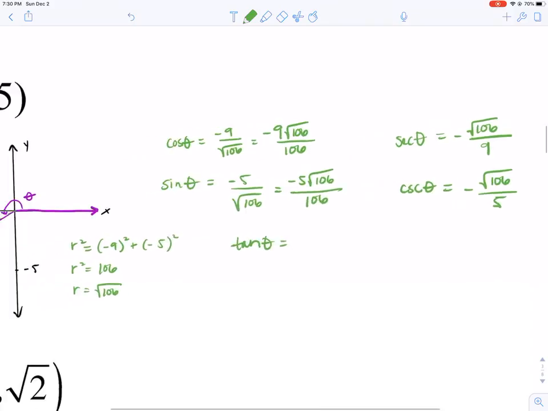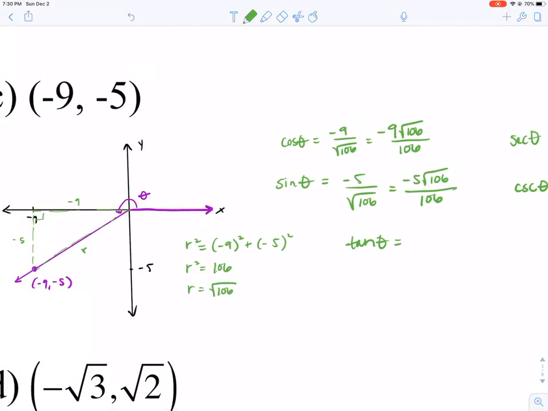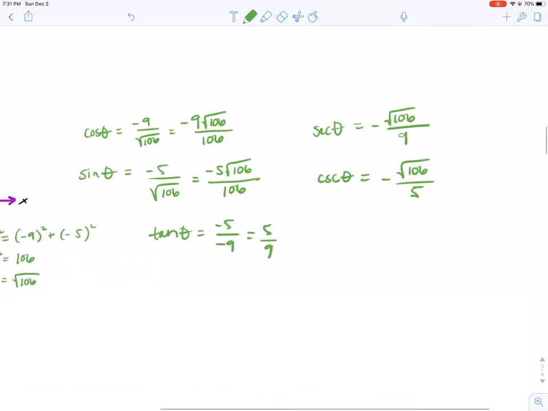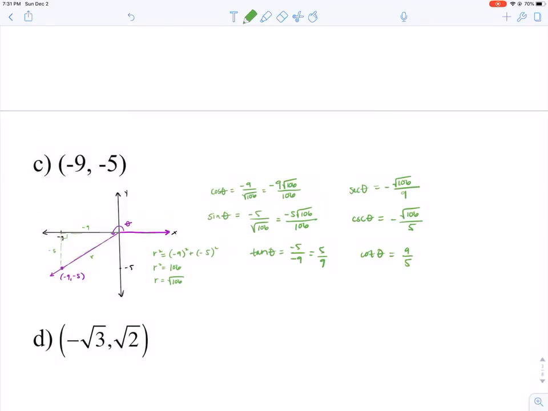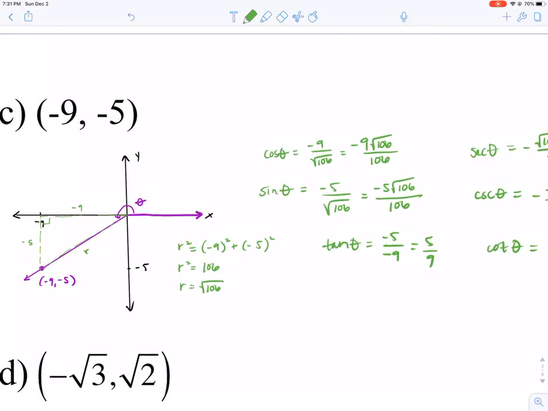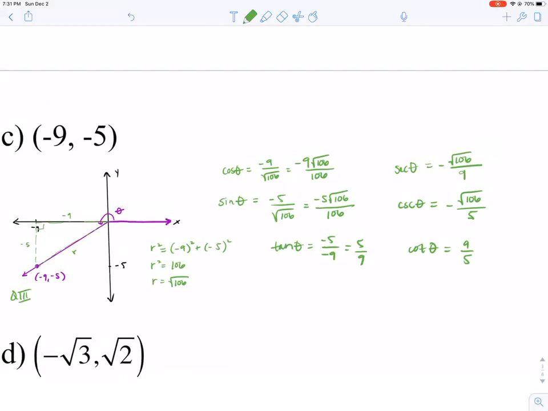Tangent of theta, y over x, would be negative 5 over -9, or 5/9. And then cotangent is its reciprocal, 9/5. Okay, and then notice that theta is in quadrant 3. And the sign of each of these trig functions matches All Students Take Calculus, right? In quadrant 3, only tangent and cotangent should be positive, and the other 4 trig functions should be negative.